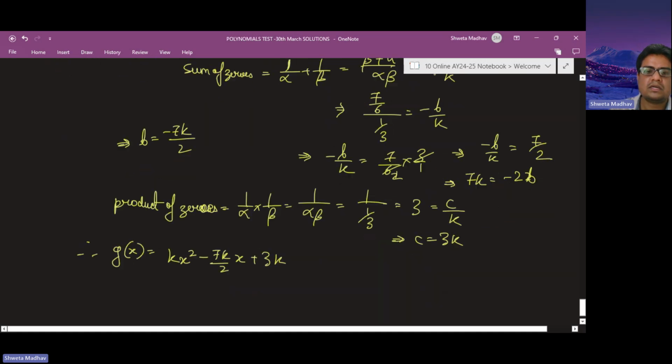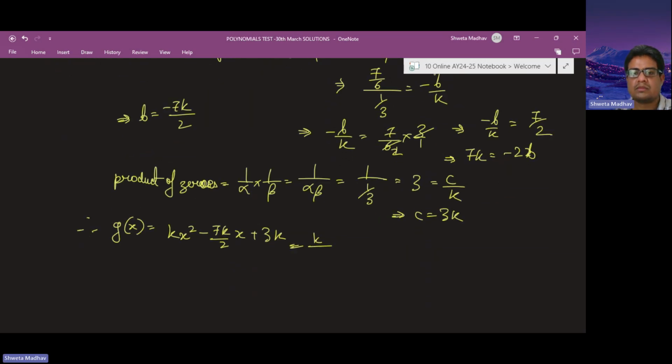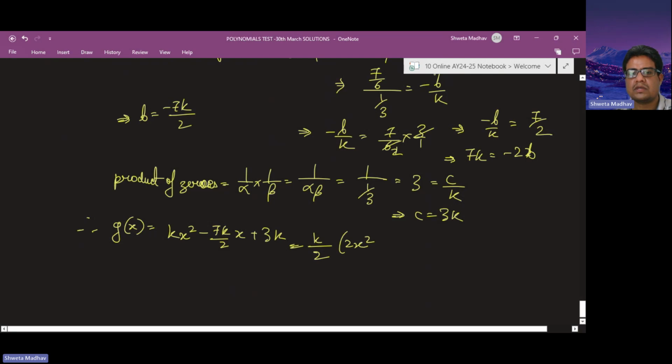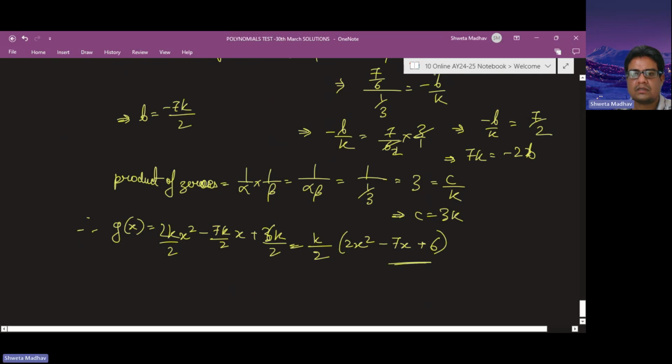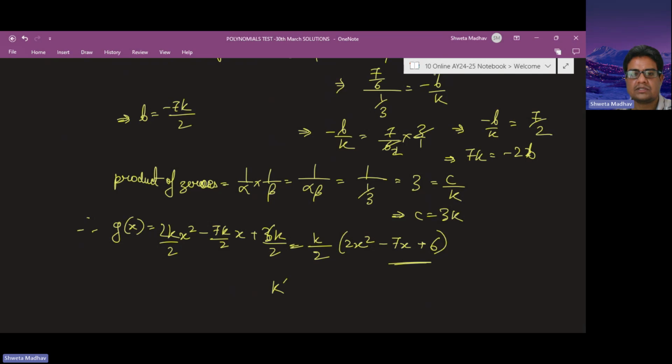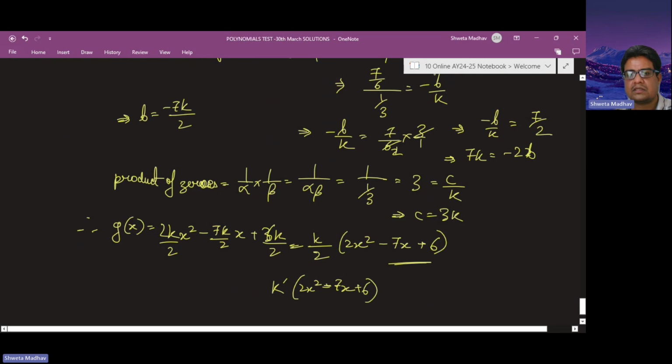Now we can take k by 2 as common here. k by 2 into 2x square minus 7x plus 6. So we can write the equation as some constant k into 2x square minus 7x plus 6. This is the answer.